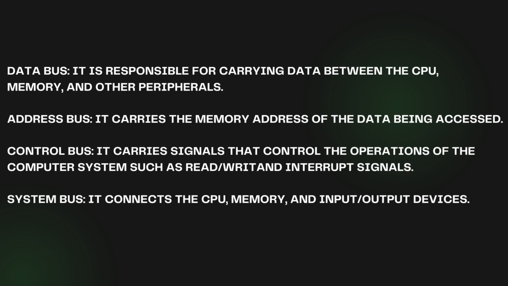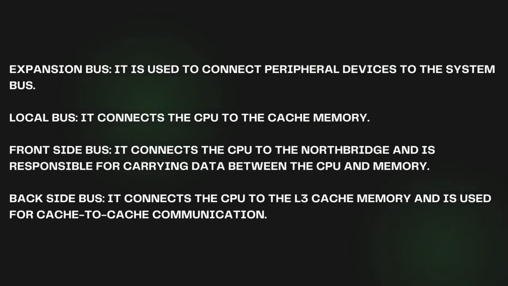It carries signals that control the operations of the computer system, such as read or write and interrupt signals. Fourth, system bus. It connects the CPU, memory, and input and output devices. Fifth, expansion bus. It is used to connect peripheral devices to the system bus.